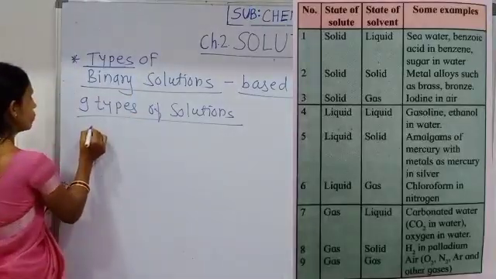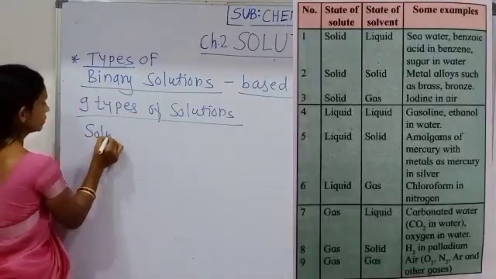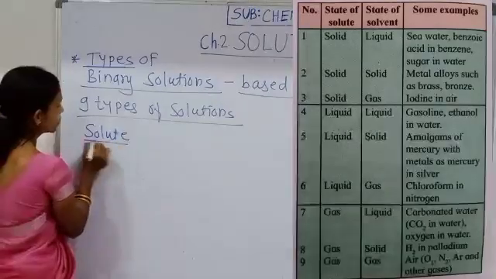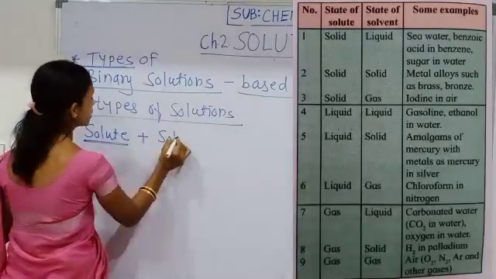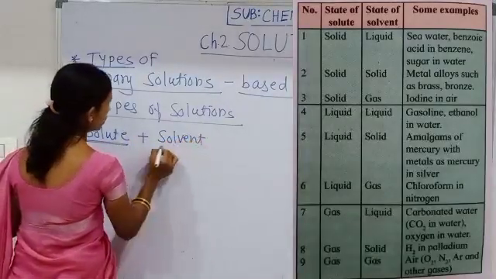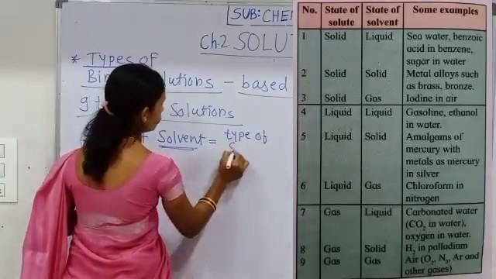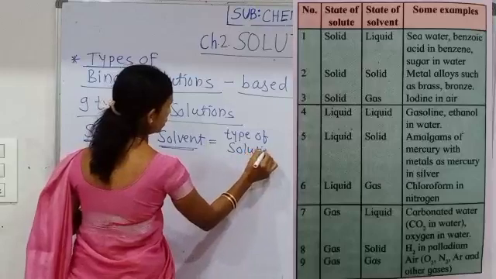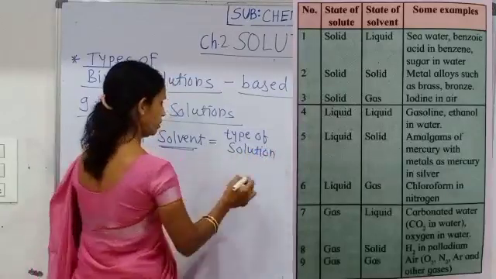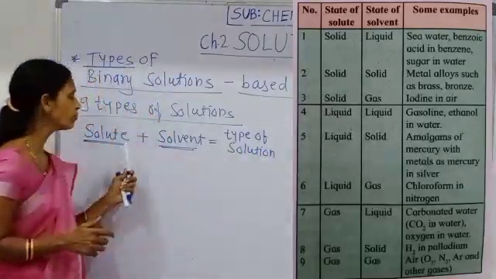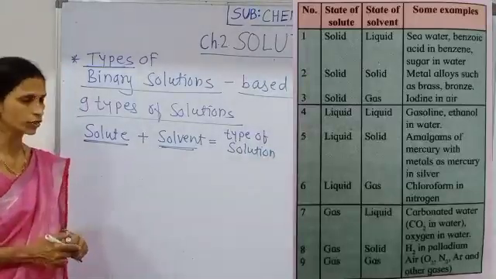First of all we have to write the state of solute, then the state of solvent, then the type of solution, then we will discuss the example of that type of solution.